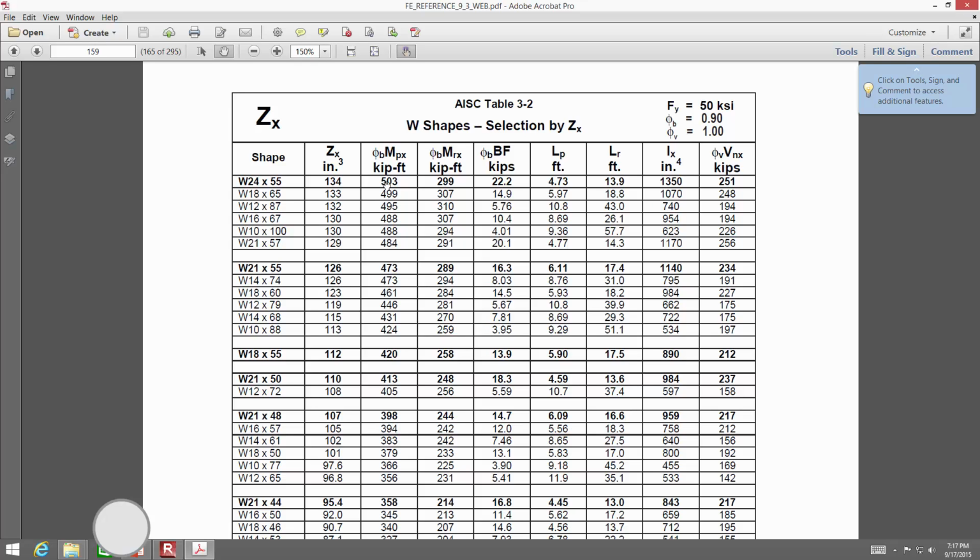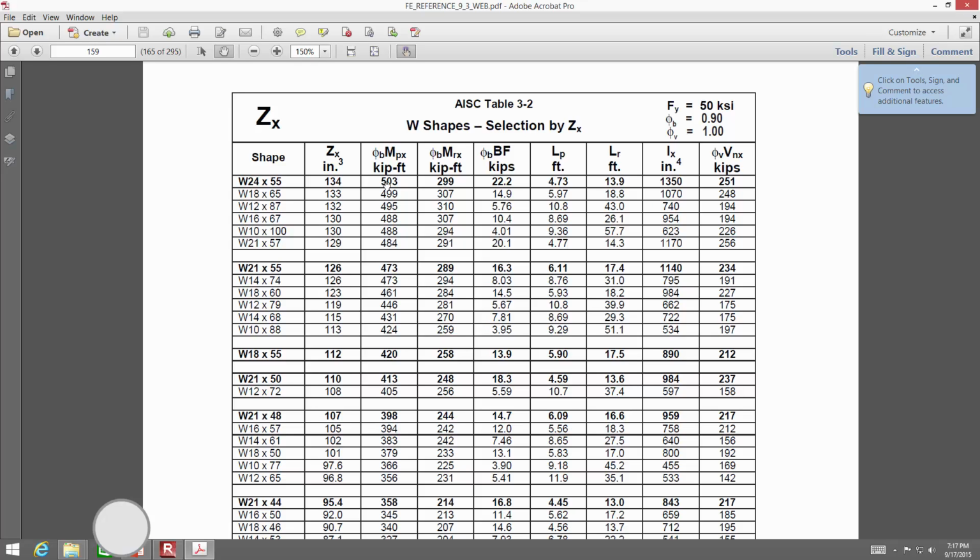Now, if you notice, each of these columns are sort of grouped. And notice how the top line is bolded. Y'all remember what that bold line means in a group? It's the lightest section in that group. Like if I take this group here, the second group down, I've got a W10 by 88, W14 by 68, and so on and so forth.